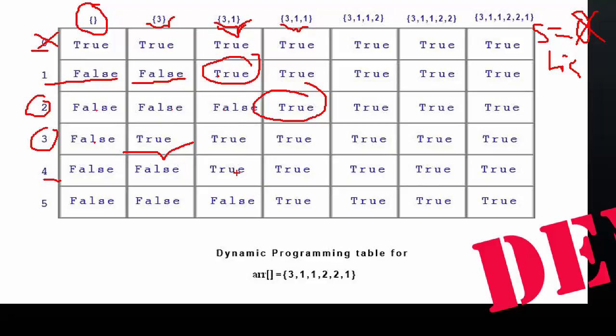But all this true and false comes from the calculation that I just described. So at each step, if we have a new sum, we just say this sum now has a value of true or false, depending on whether we can get it or not. For the 5, I guess we have to go all the way. Actually, it's not all the way.